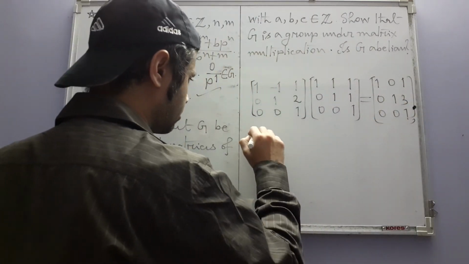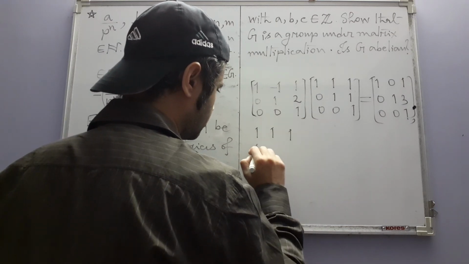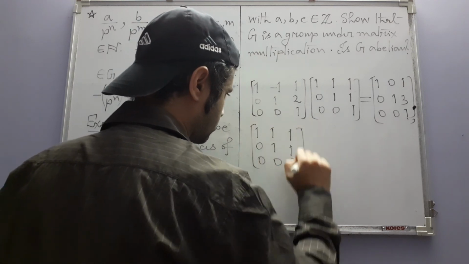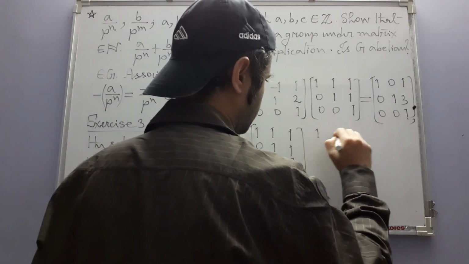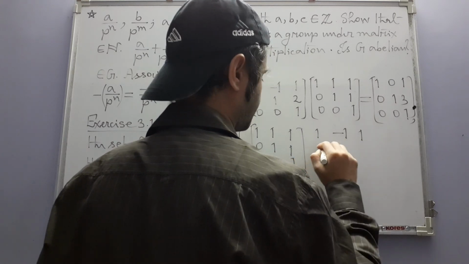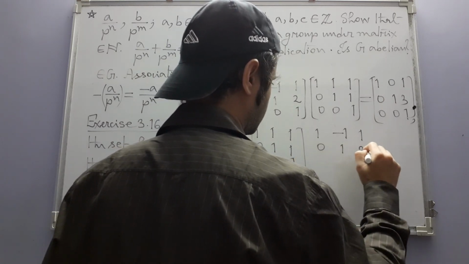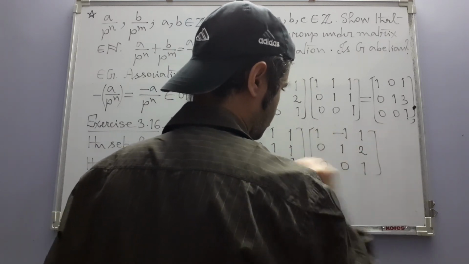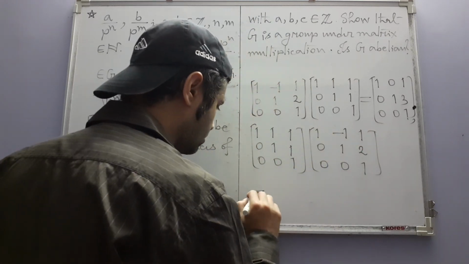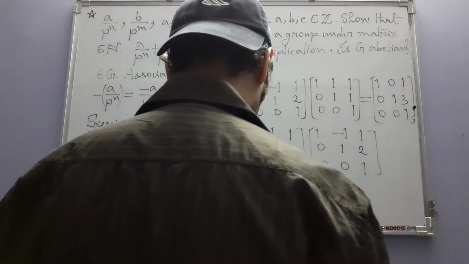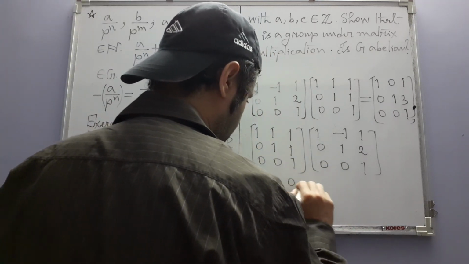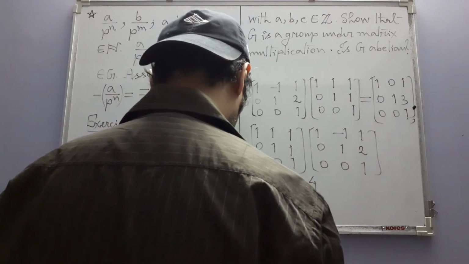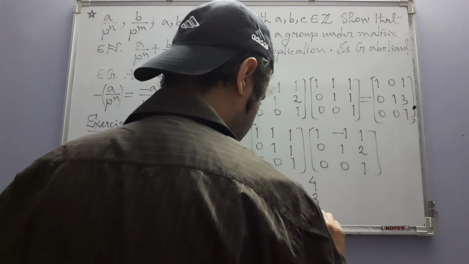Whereas if you change the order, 1, minus 1, 1, 0, 1, 2, 0, 0, 1, then you get 1, 0, 4, 0, 1, 3, 0, 0, 1.